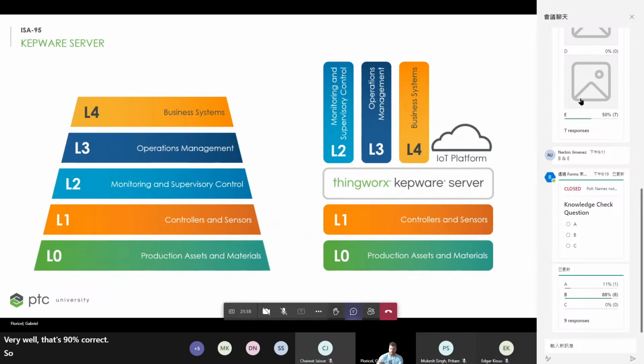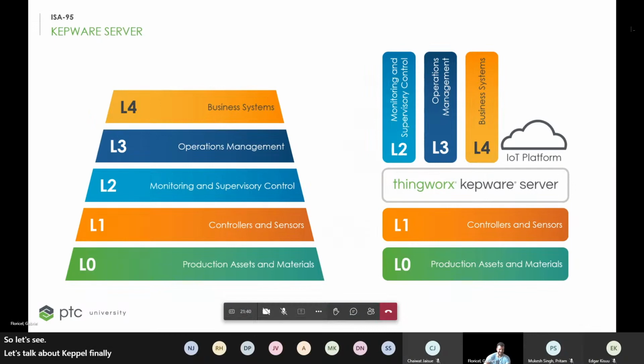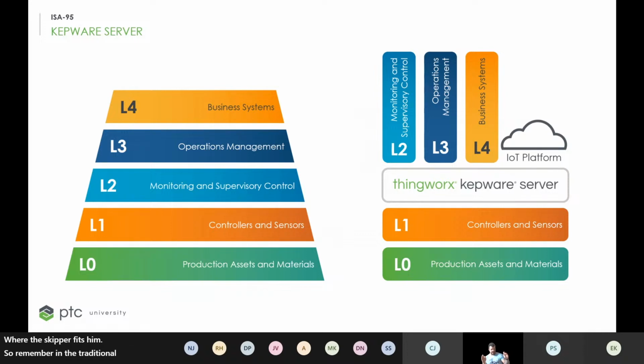So let's talk about Kepware now, finally. Where does Kepware fit in? So remember, in the traditional ISA 95, information goes like a staircase. If you look at these levels, it looks like a staircase. You just have to climb from level to level, floor to floor.